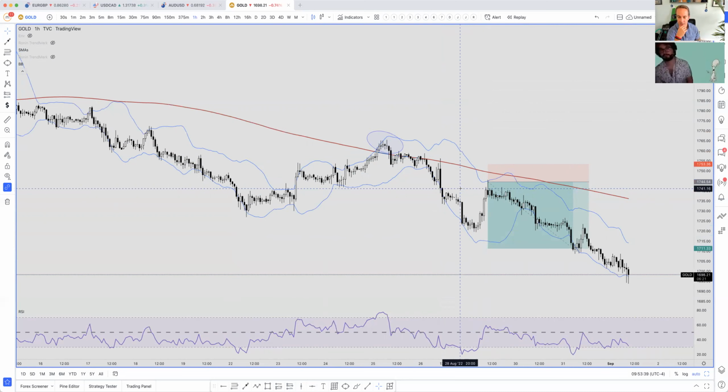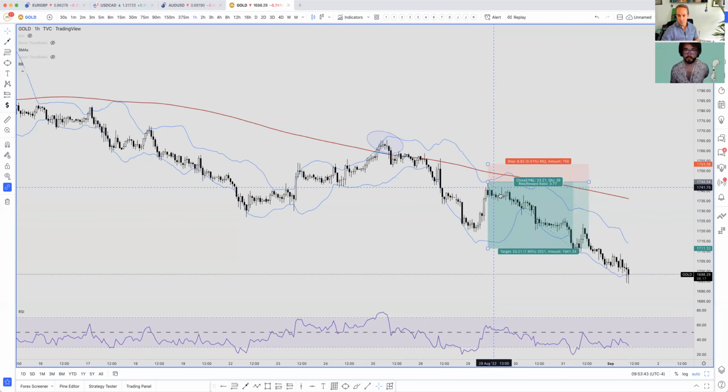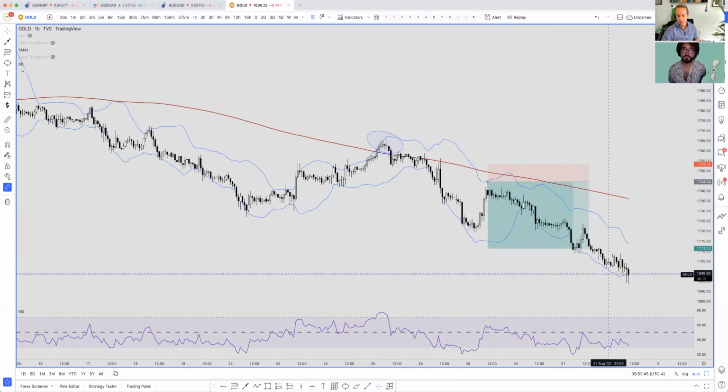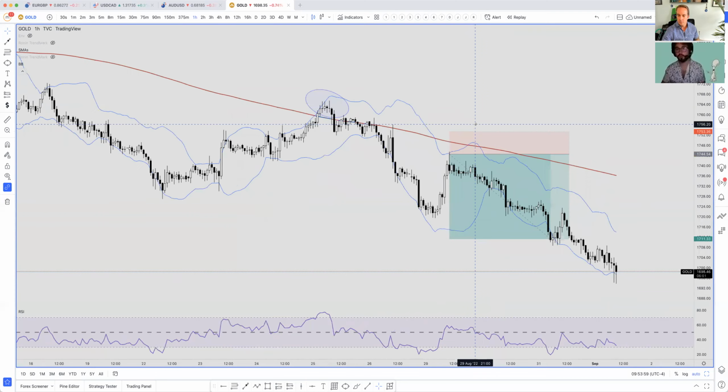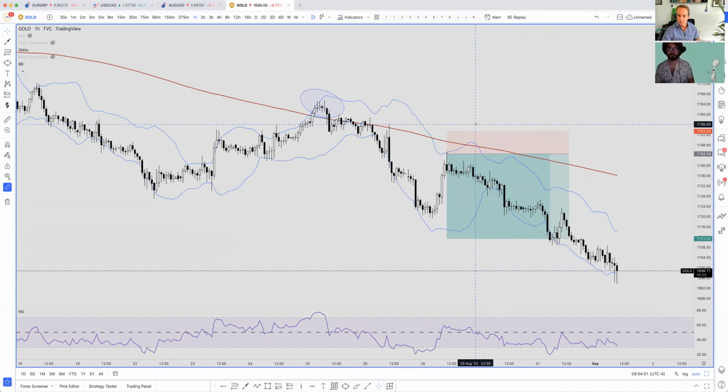As a confirmation that we've already broken the Bollinger and we're moving back in a downtrend. Exactly. But always wait for a candle closure. If you want to be aggressive and go for it, which is awesome. But if you want that extra confirmation, waiting for the candle to close will confirm that.